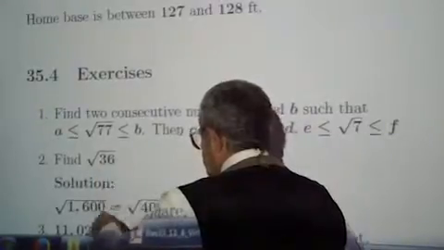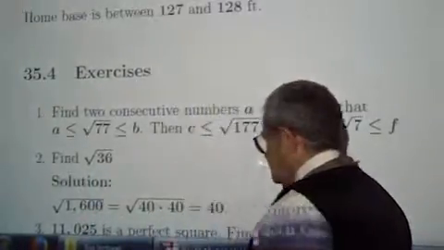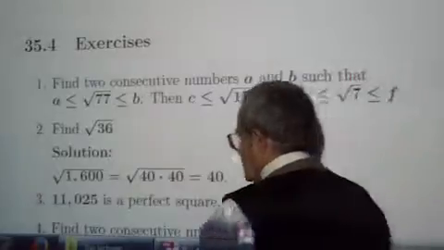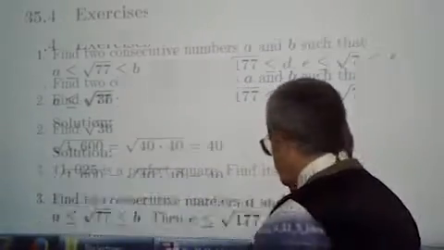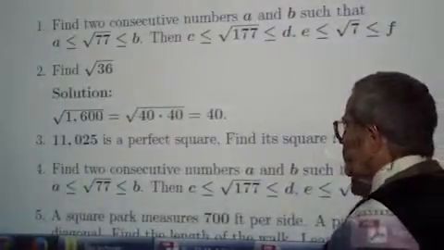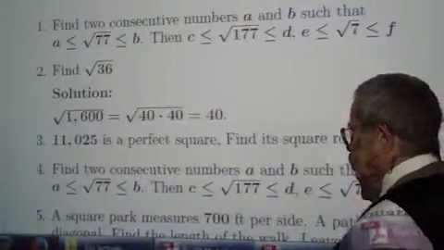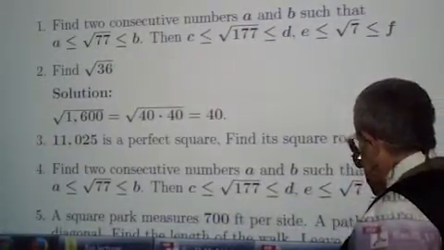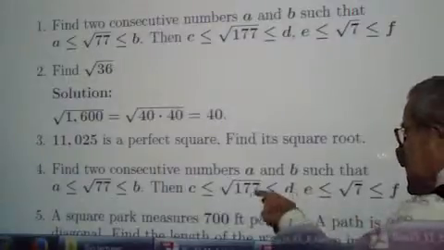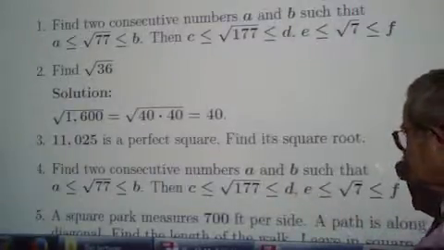That 36 was not right; it should have been 1,600. Now I'm telling you that 11,025 is a perfect square, and find out what that perfect square is.